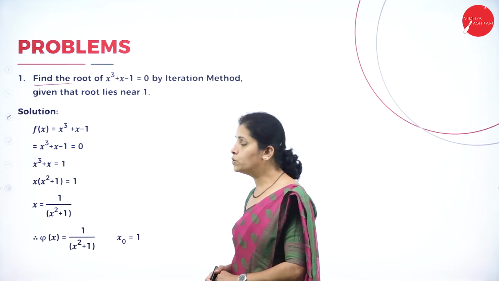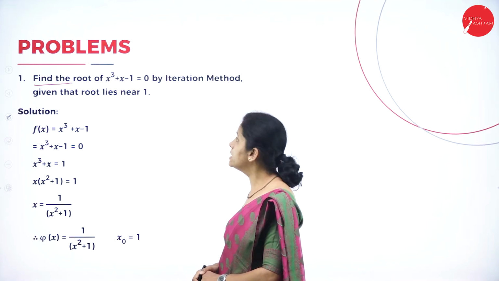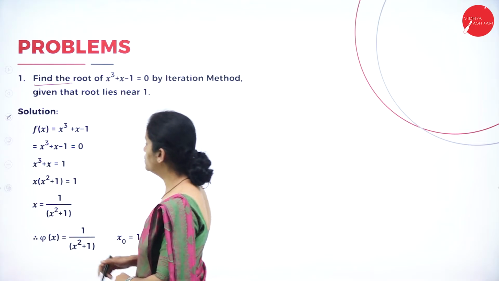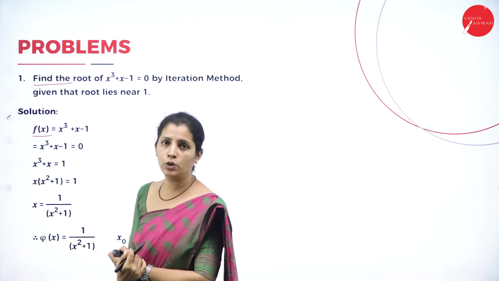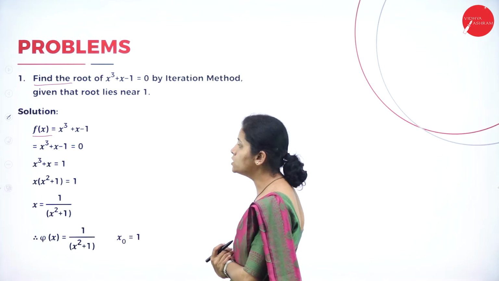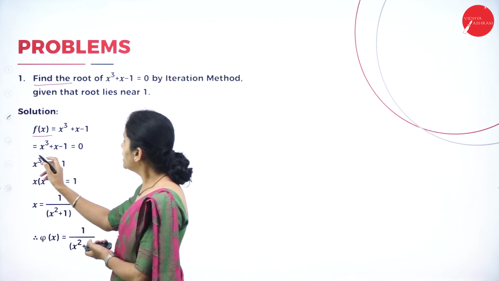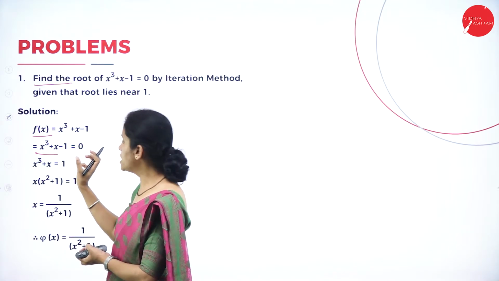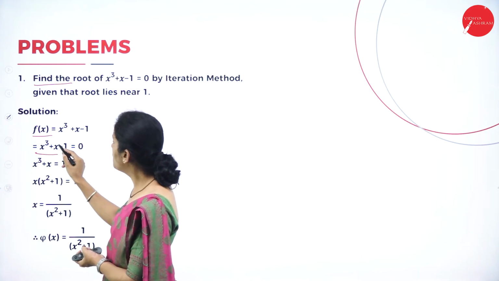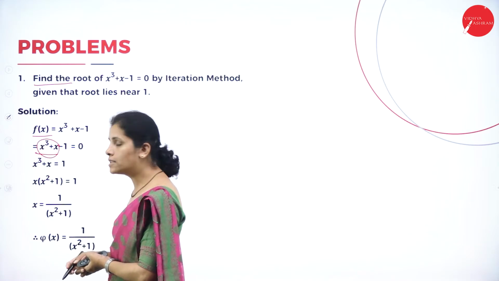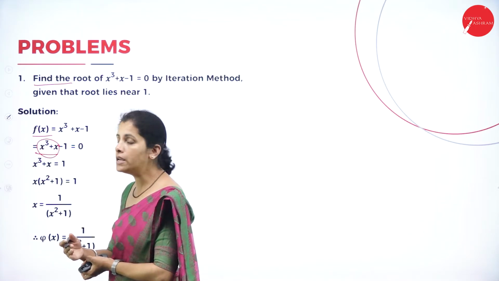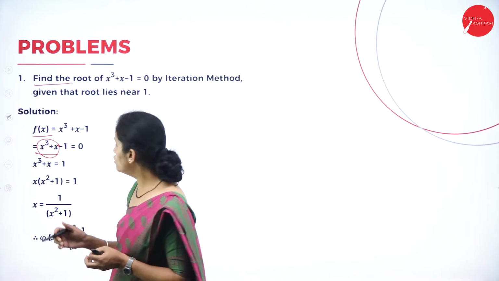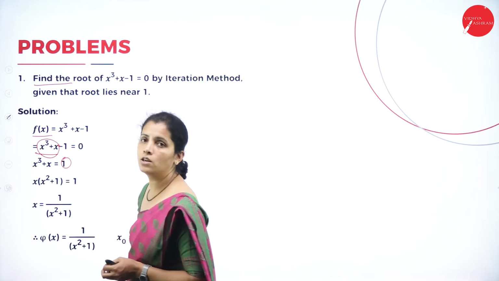First, I want to represent the equation in the form of f of x. So, I'll write f of x equal to x cube plus x minus 1. Now, I want to simplify this equation. I'm going to group x to the power 3, that is x cube, plus x in one group and 1 in another group.